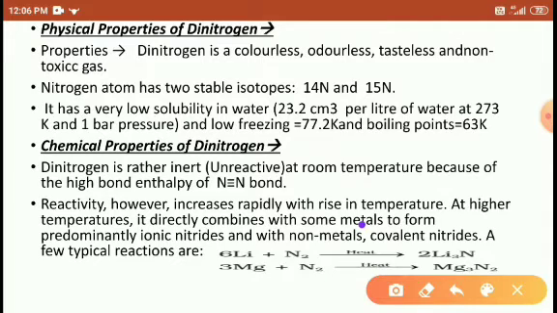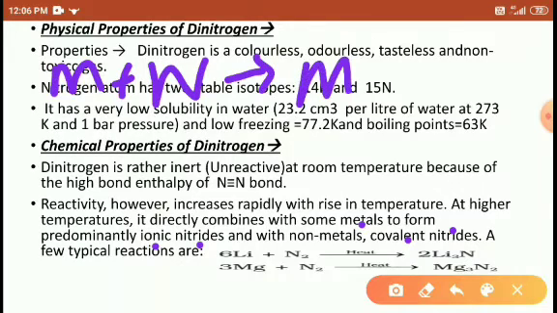With rise in temperature, nitrogen reacts directly with metals to form ionic nitrides, and with non-metals it forms covalent nitrides. When a metal reacts with nitrogen to form a metal nitride, an ionic bond is present between the metal and nitride.